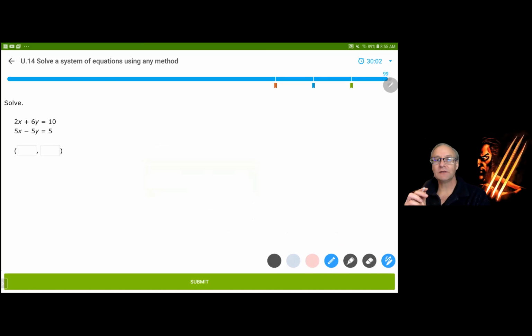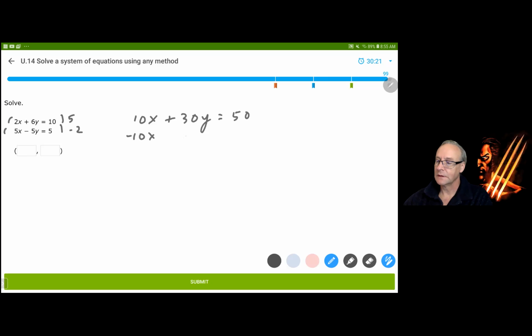Multiply the top equation by 5 and we get 10x plus 30y equals 50. Multiply the bottom equation by -2, and you get -10x plus 10y is equal to -10.